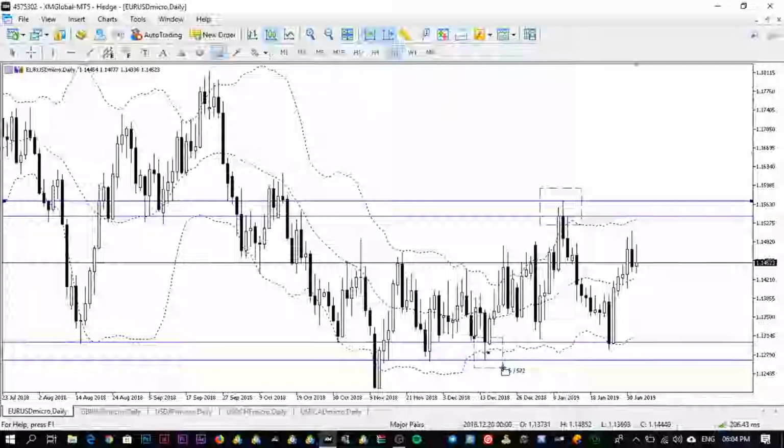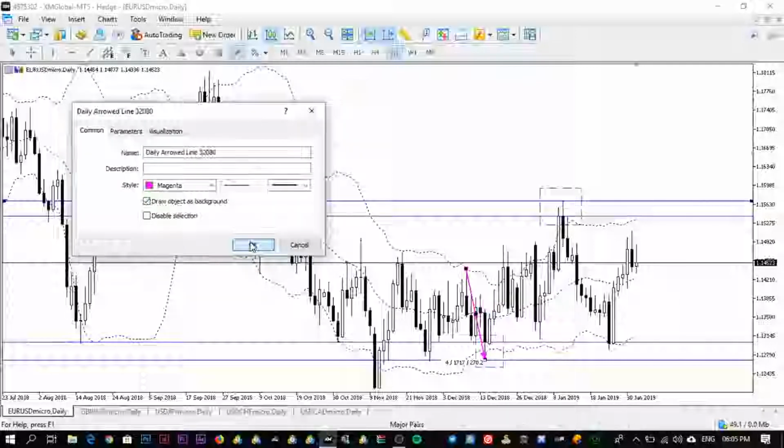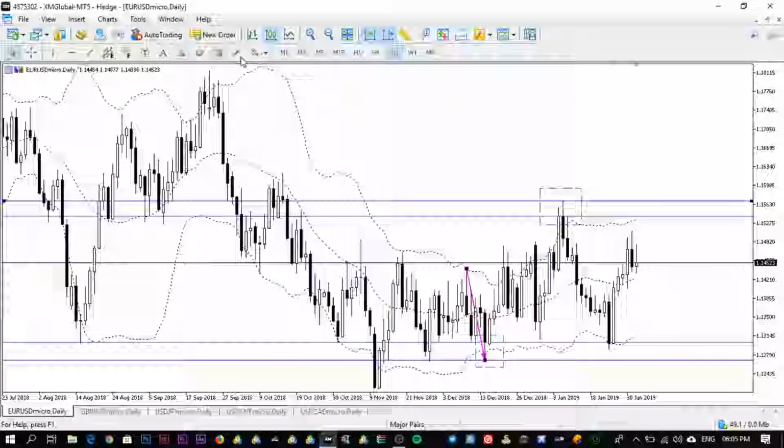Let's mark that out. Now, what we can notice is that price has been ranging between these two areas of importance. Let's just follow price and get a clear understanding of where price actually comes from and what it's indicating to us.